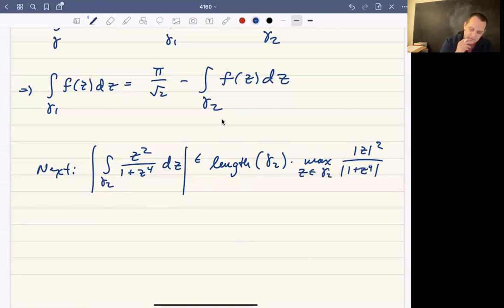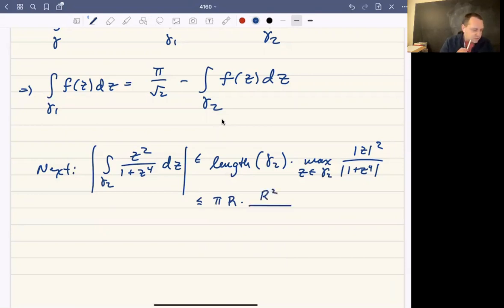Okay, and so this maximum is going to turn out to be, let's think about this. The length of gamma is easy. You get 2 pi r, but it's only half of it, so that's just pi r. And the magnitude of z squared is also easy. That's going to be just r squared.